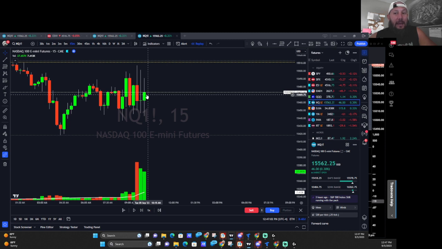Even though it's a green candle, it doesn't necessarily mean buy, buy, buy, buy, buy. You have lower highs, higher lows, okay? So it opened here, got as low as here, got as high as here, closed right here.